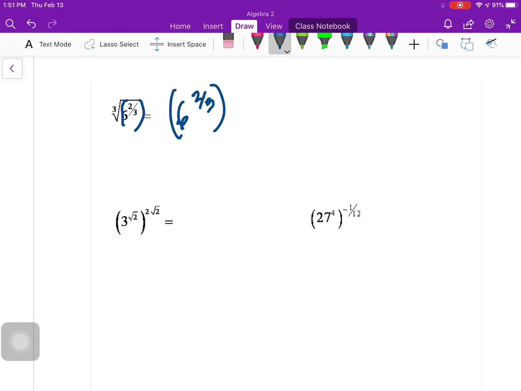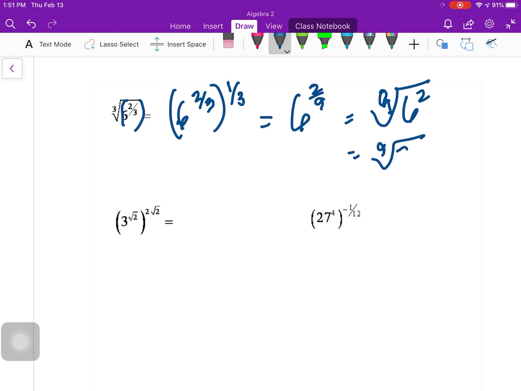So then the cube root I can write as a power of 1/3. So that becomes 6 to the power, power to power I multiply, 2/9, which becomes the 9th root of 6 squared, which means the 9th root of 36, because I can still square the 6.